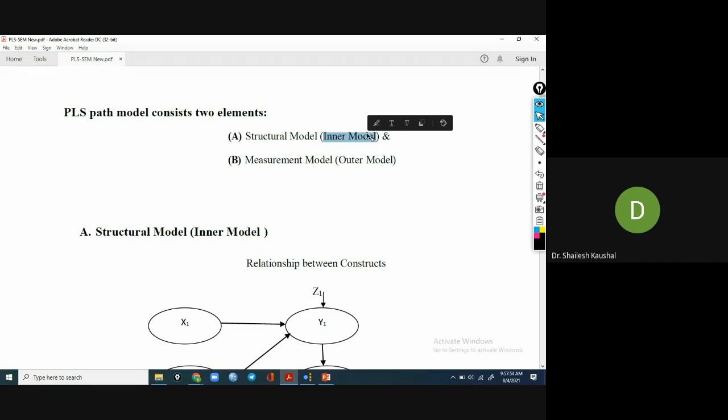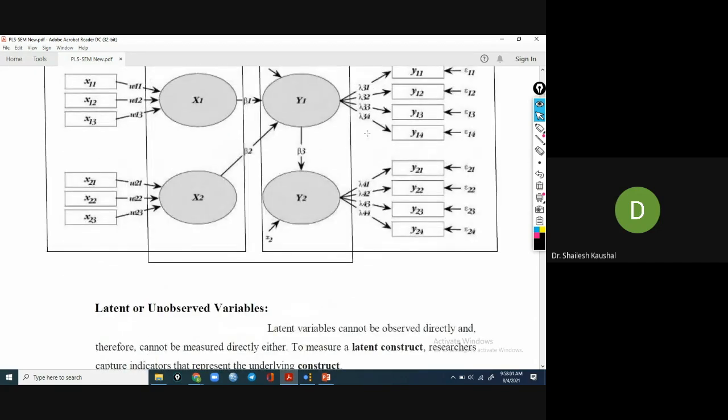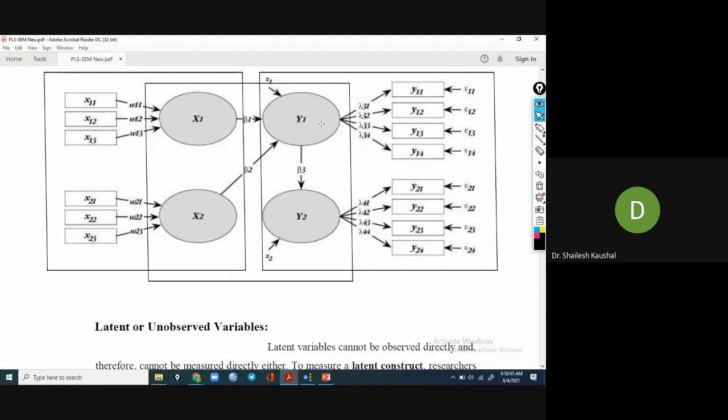The same y1 is an endogenous variable when we find its relationship with x1 and x2, but in the relationship between y1 and y2, this endogenous variable becomes an exogenous variable with respect to the y2 endogenous variable.